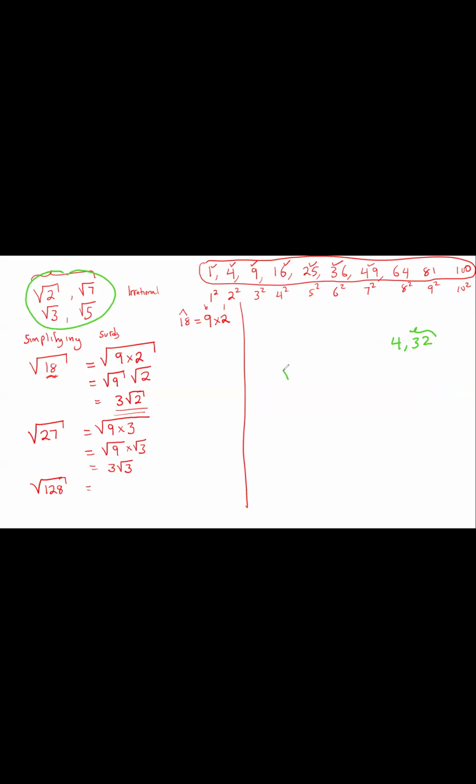Let me write 1, 2, 3, 4, 5, 6, 7, 8, 9, 10. Any number I circle, it can be 2, it can be 3, it can be 5, it can be 7. These are the best, those two numbers you are getting to multiply. So I want you to look out for that.